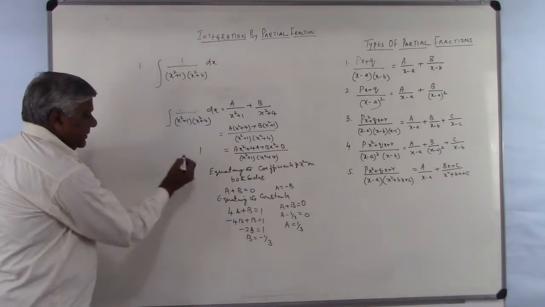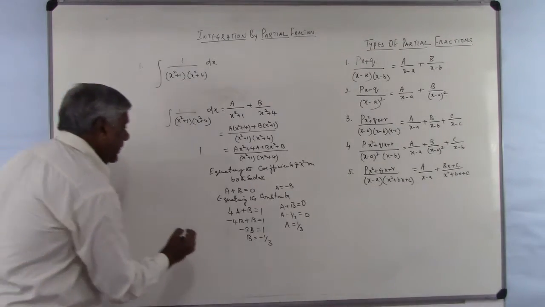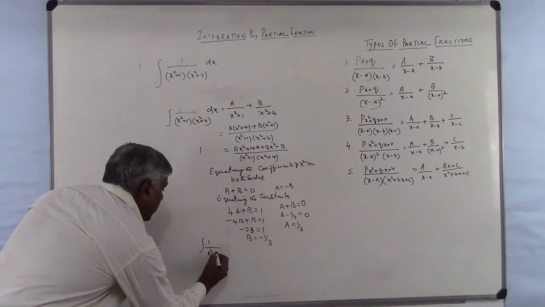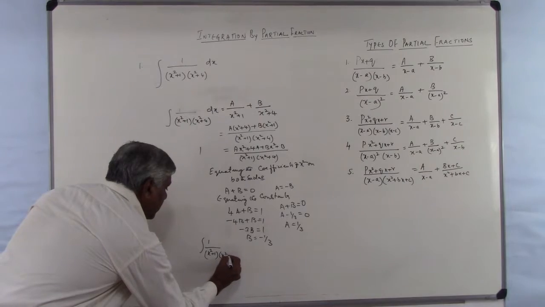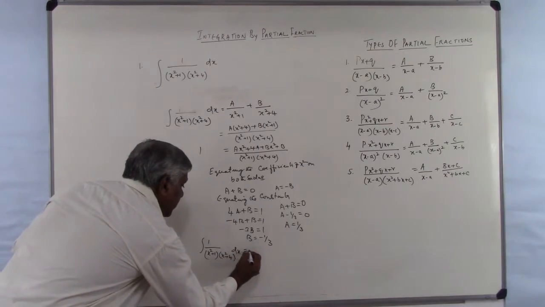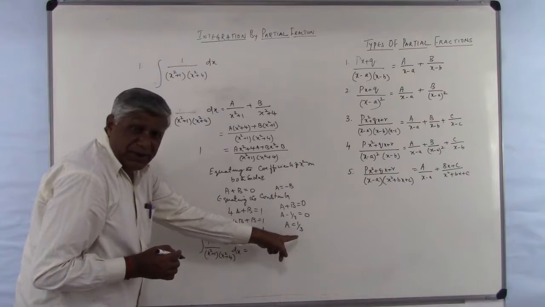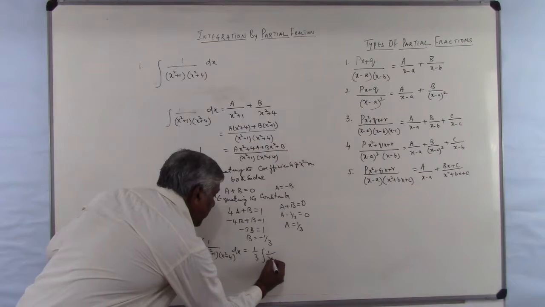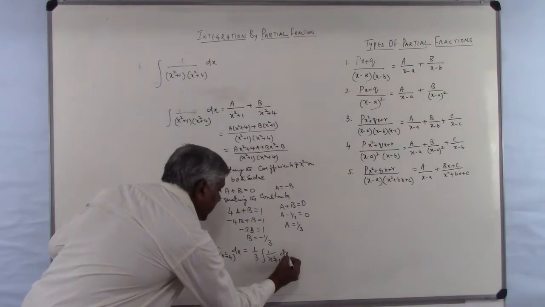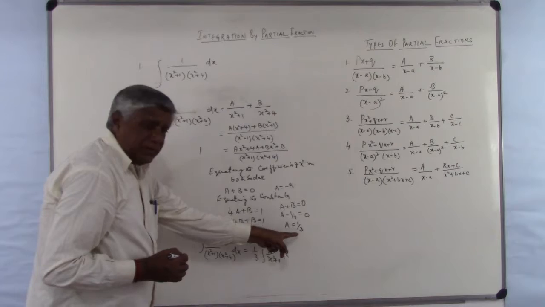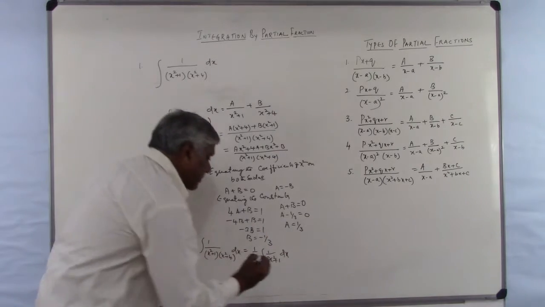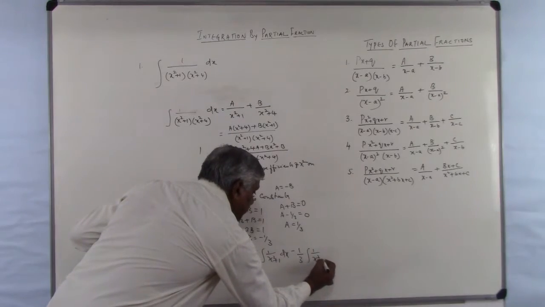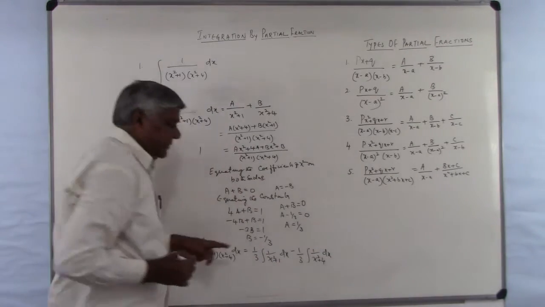Integral 1 over (x square plus 1)(x square plus 4) dx is equal to, a is 1 by 3, so 1 by 3 integral 1 over x square plus 1 dx. b is minus 1 by 3, so minus 1 by 3 integral 1 over x square plus 4 dx.